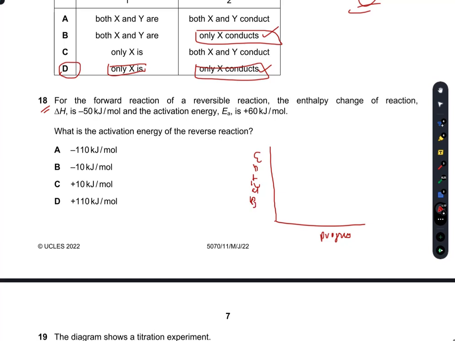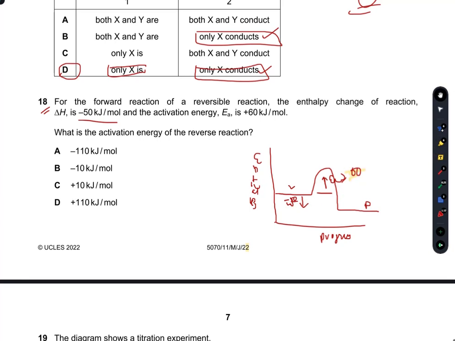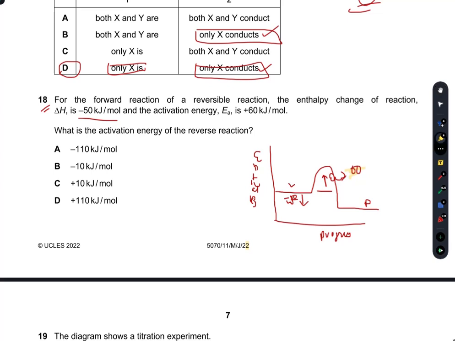The energy evolved is minus 50 kilojoules, so it is an exothermic reaction. So reactants here, and then I get products at this energy. This is the activation energy, which is 60, and this is the change in enthalpy, which is 50 kilojoules per mole.